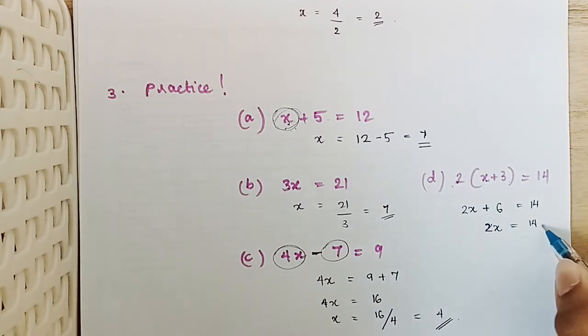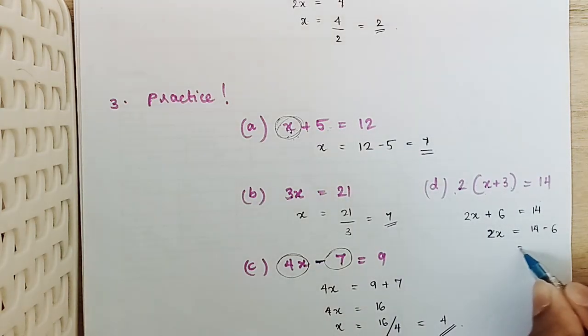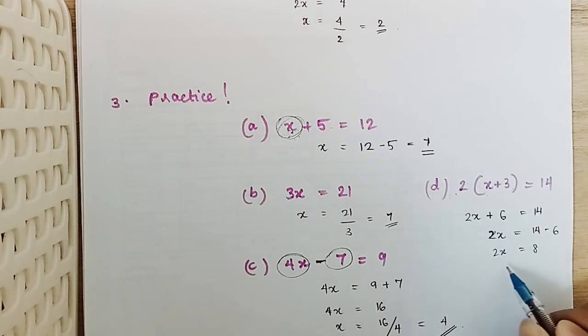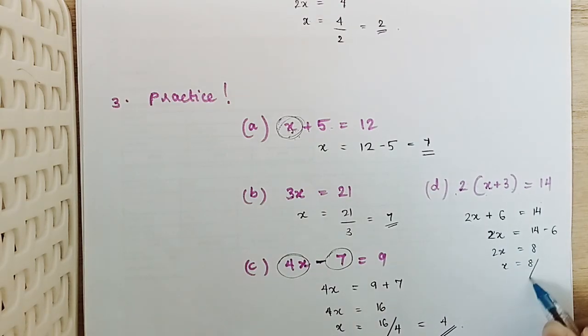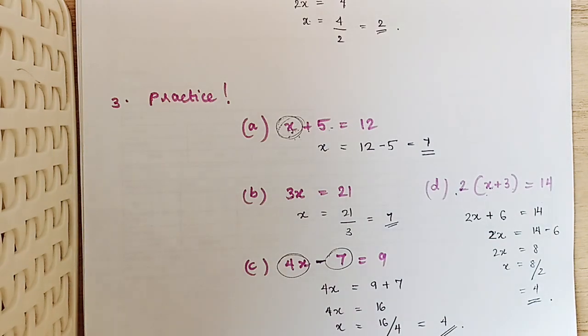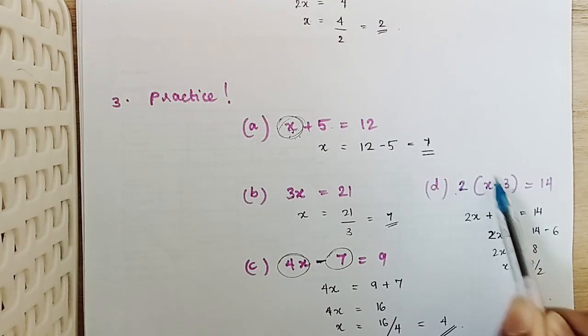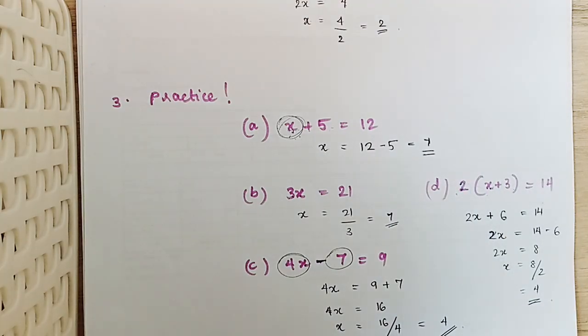Again, plus here, so minus there, minus 6. 14 minus 6 will be 8, and 2x. Again, 2 will go to the other side, so division. x is equal to 8 by 2, which is equal to 4. So whenever you get a question in brackets, please multiply it and use the distributive property.